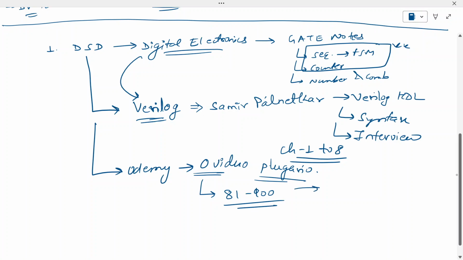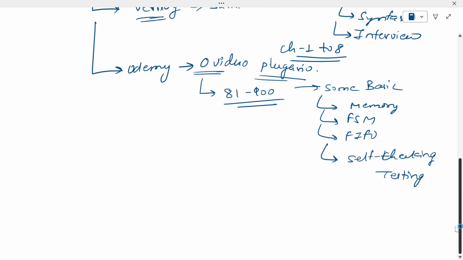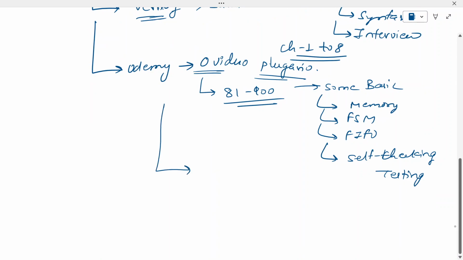along with some basic projects, mainly of your memories, your FSM, FIFO, and a couple of codes for self-checking testbench. So his course will ultimately give you an idea of how to write a Verilog code properly, in a structured format.